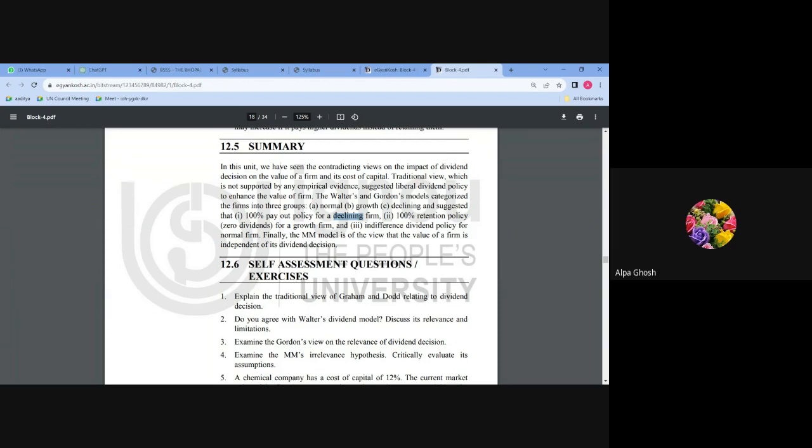So these are the three basic situations which arise in your relevance theory, and then finally we come to the M&M model to find how this dividend decision is independent and irrelevant in deciding the value of the firm. So this is the first part.